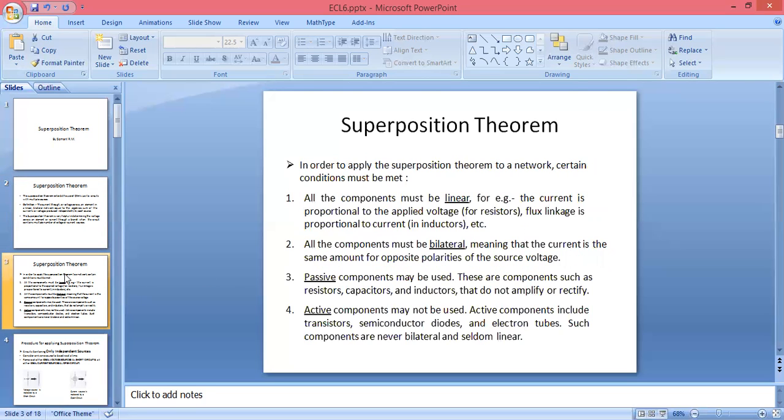We will see how we will short and open and which component will be shorted and which component will be open. So these are some steps given to solve the superposition theorem.